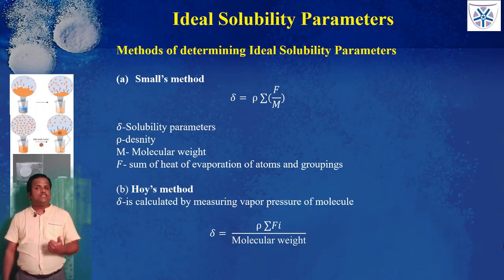Here delta is the solubility parameter, rho is density, F is the sum of heat of evaporation of atoms and groups, and M is the molecular weight of the given compound. So this is the Small's method equation. And Hoy's method equation is delta is equal to rho summation of Fi divided by molecular weight. All the terminology is already explained in Small's method.